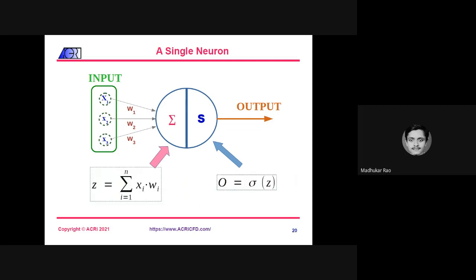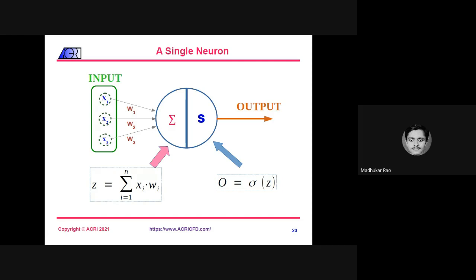So in mathematical terms, you have the linear activation, which is z equals summation of xi times wi, and these are typically written as vector dot products. And the final output is a nonlinear function of the weighted sum of the inputs.